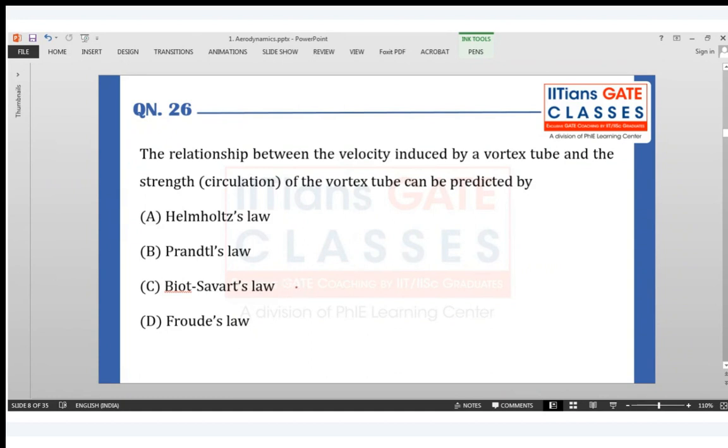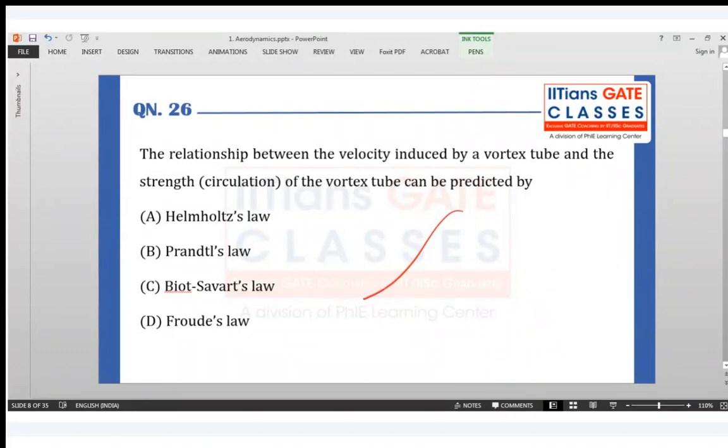So I guess the answer you have chosen is correct, but still I'll suggest you look for the topic in aerodynamics, finite wing theory, and this topic starts with the Biot-Savart law only.